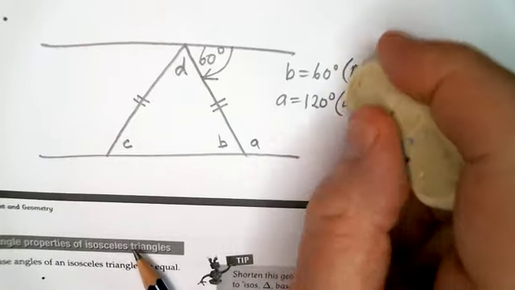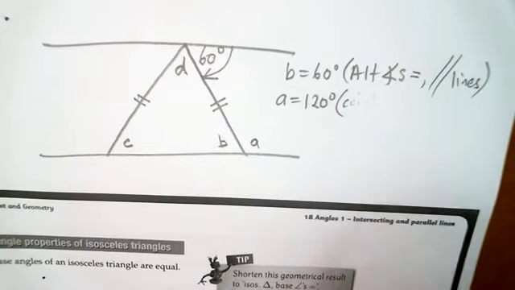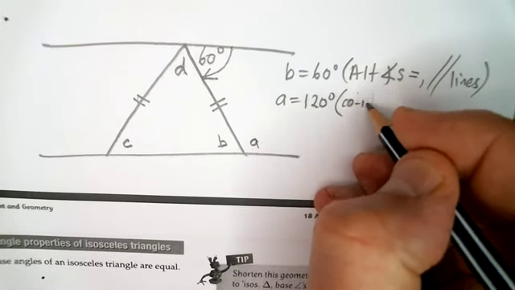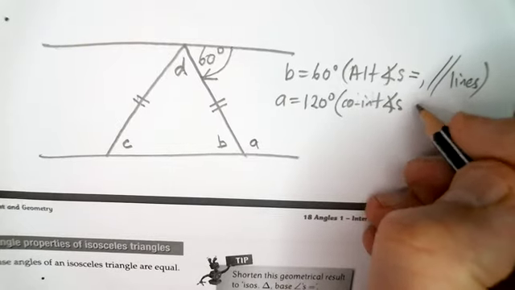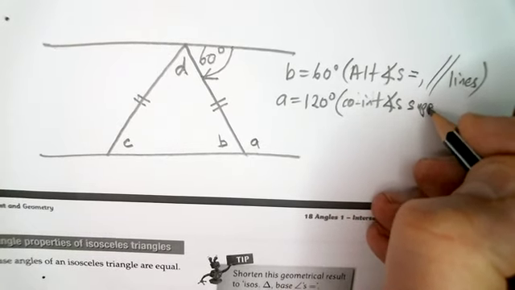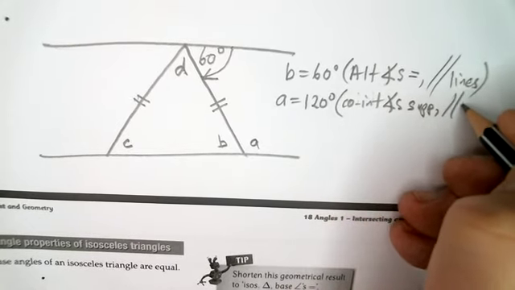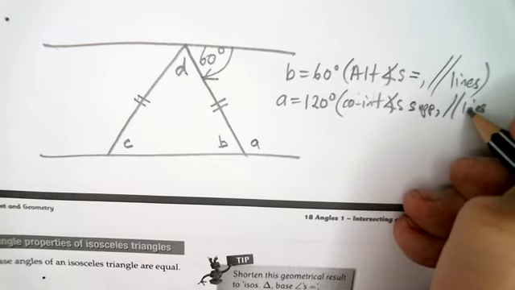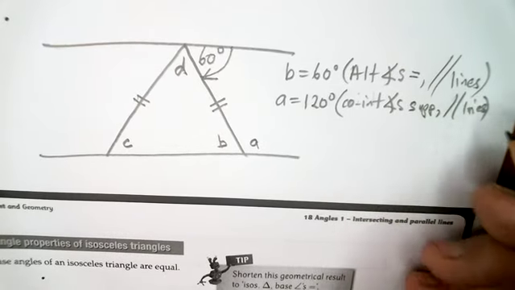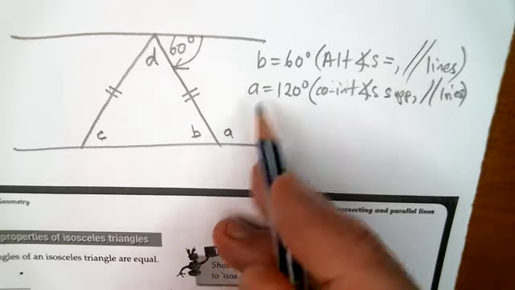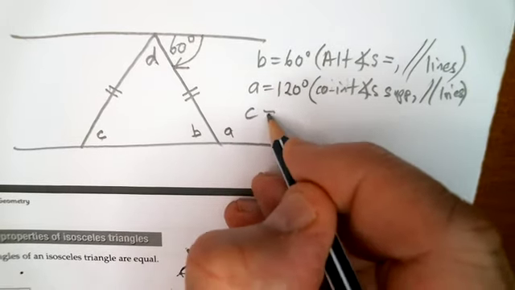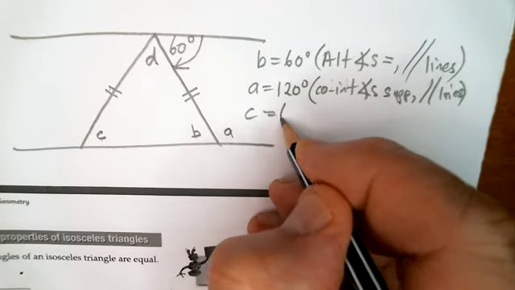So we've got co-interior angles. I put supplementary, comma, parallel lines. That was very poorly written, by the way. And of course, we know that C must be the same as B. C is equal to 60 degrees.